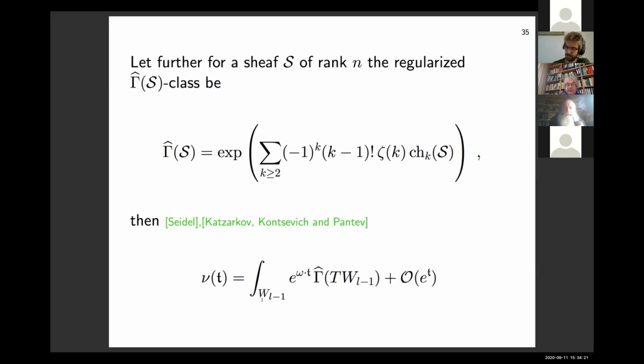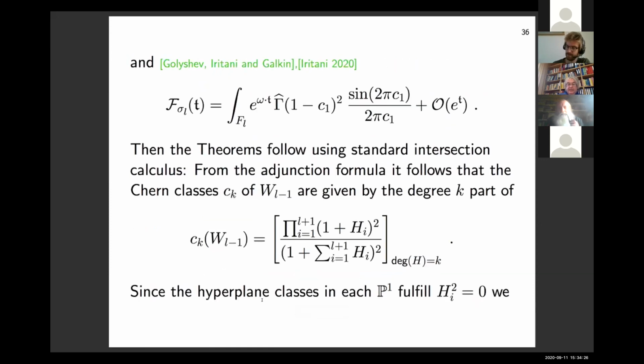Okay, so that's what it is. So then the other thing, as I said, we first guessed it, but then Iritani said it's not in the literature, but it's not far from something that he can prove. That is this one. So when you know that, then the rest of the thing is just standard intersection calculus on this Calabi-Yau BW minus 1, or FL of the Fano variety, and that's really easy.